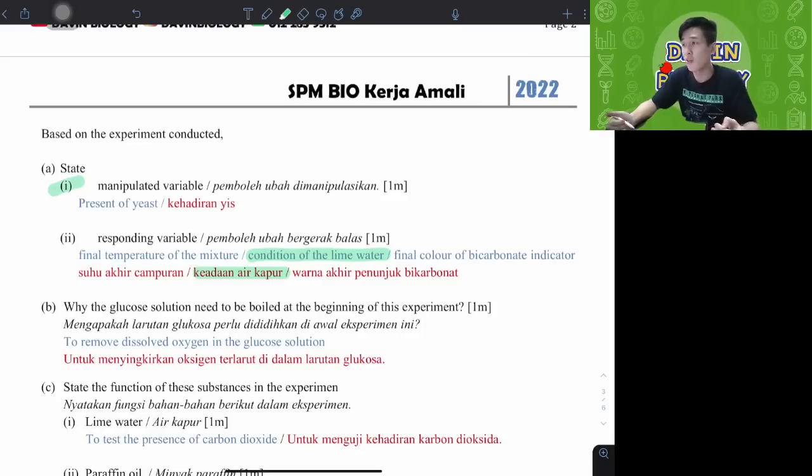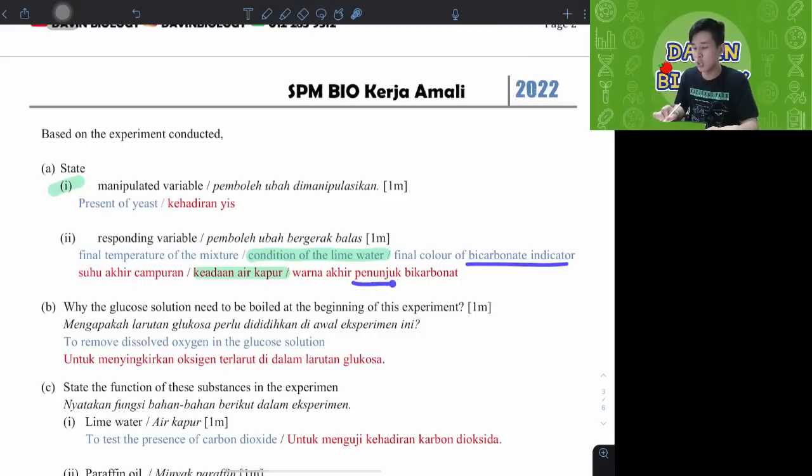Now, I received some tips from my students telling me that instead of using lime water, they might use something called bicarbonate indicator, penunjuk bicarbonate. This is also used to detect the presence of carbon dioxide. Actually, it's more commonly used to detect changes of pH, but since carbon dioxide is acidic, it can pick up the presence of carbon dioxide.